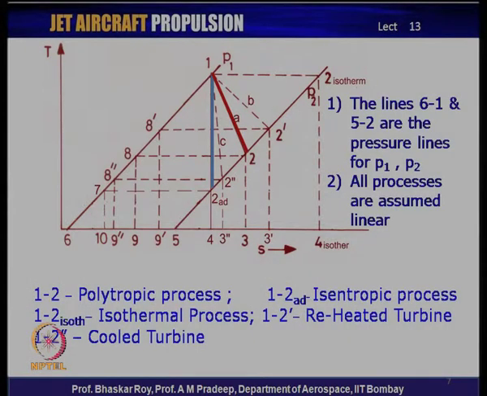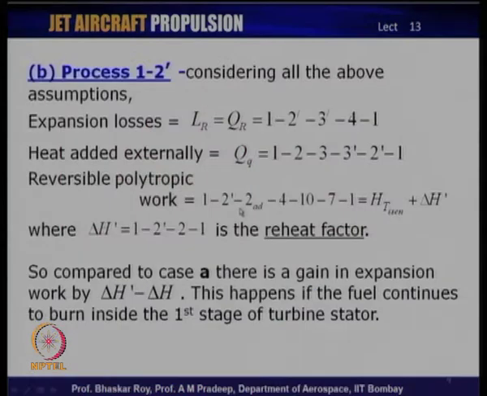So, if we go back to the diagram, it is 1 2 prime 3 prime 4 1. As you can see, this area is going to be larger than the earlier area 1 2 3 4 1, and this is what will impact our calculations.